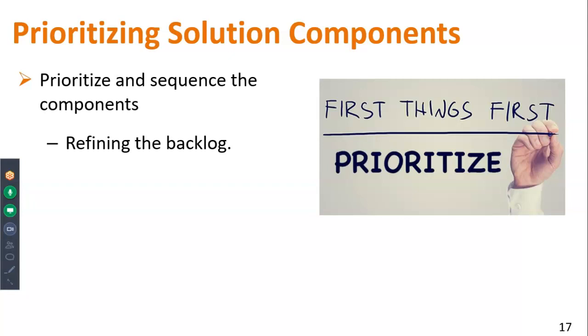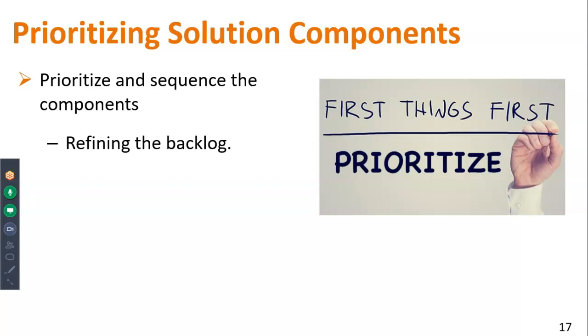Most of the time what we hear in terms of prioritizing solution components is tied into backlog refinement. Again, at the initiative level is where we're prioritizing components, we're prioritizing pieces of a solution. We will also see as we get to the delivery horizon that ultimately we're going to be prioritizing stories and tasks. So the concept is the same.